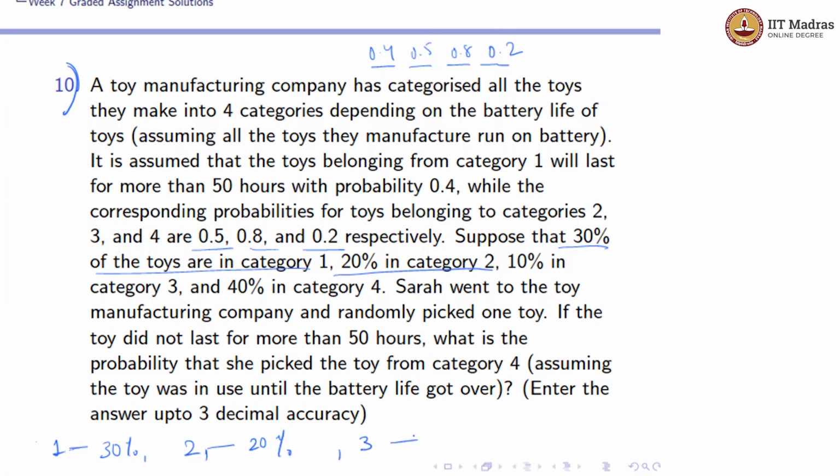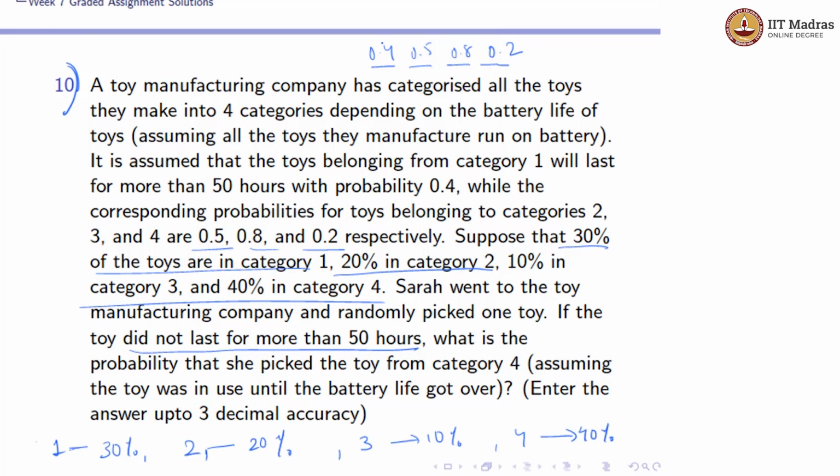Category 3, 10%, and category 4, 40%. Sarah went to the toy manufacturing company and randomly picked one toy. If the toy did not last for more than 50 hours, what is the probability that she picked the toy from category 4?